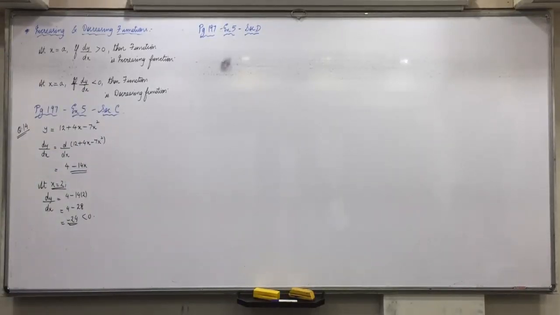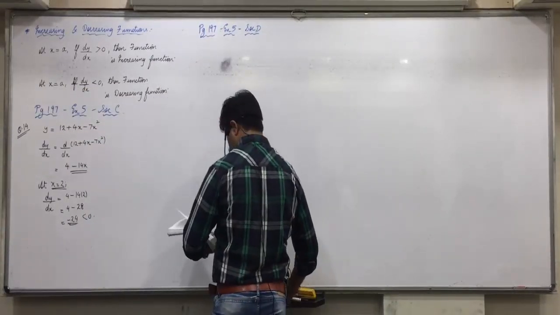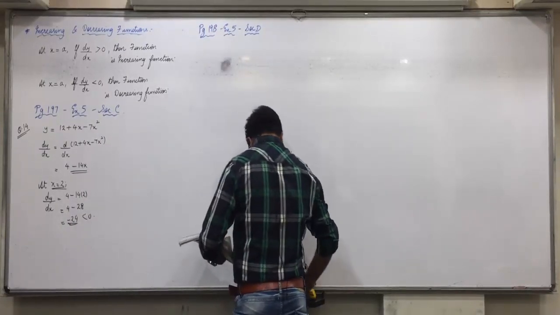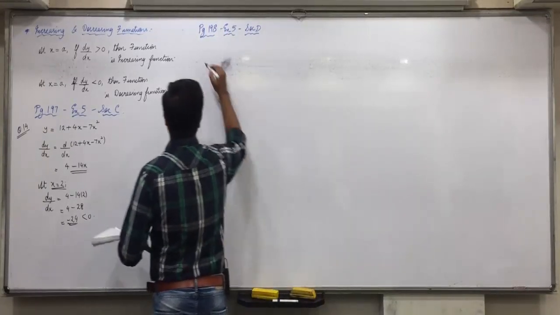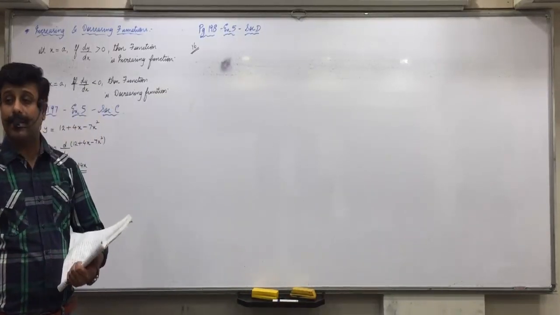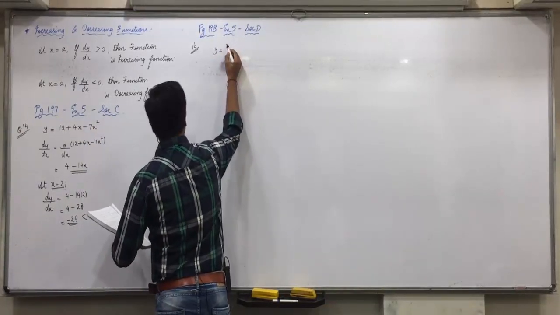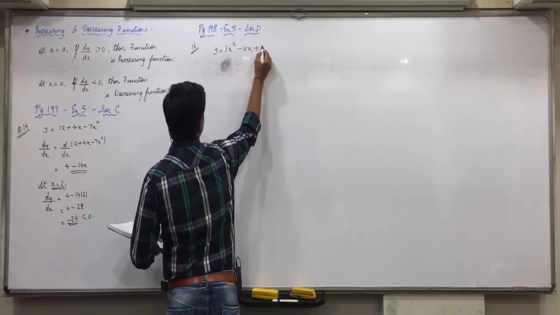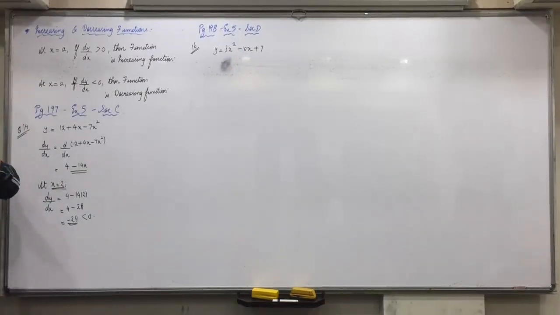Now, look at page 198. Question 16. Determine whether the function y equals 3x square minus 10x plus 7 is increasing or decreasing at x equals 1 and x equals 2.